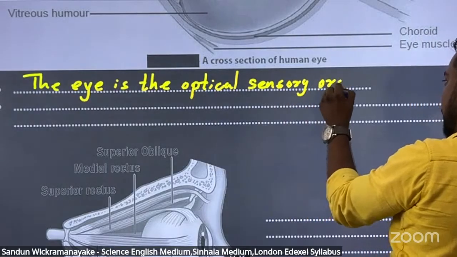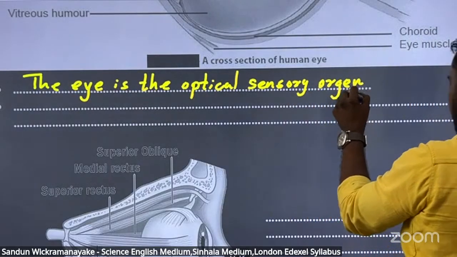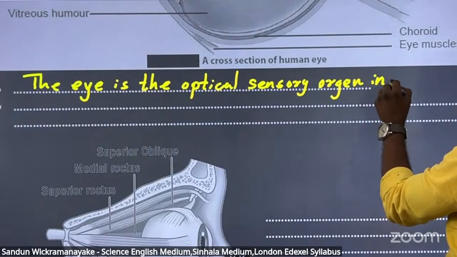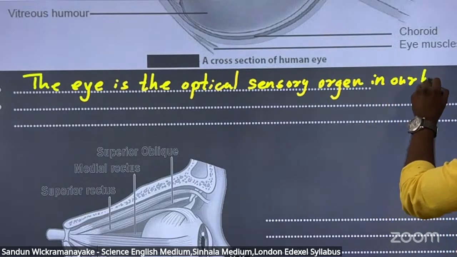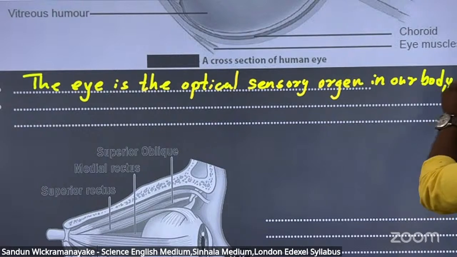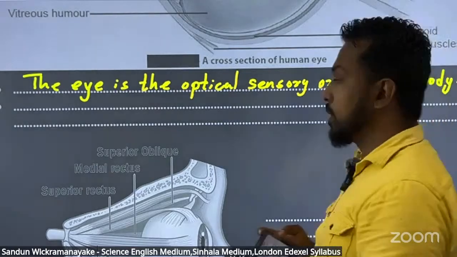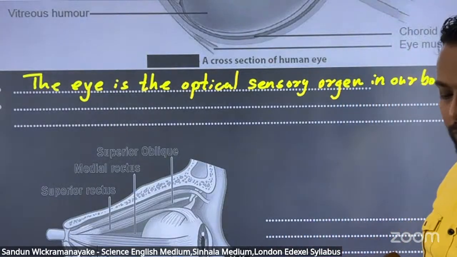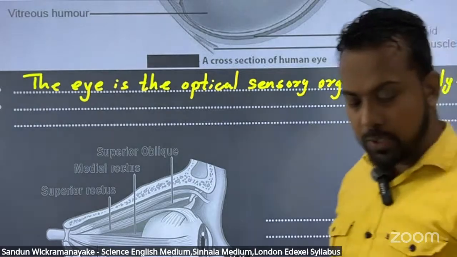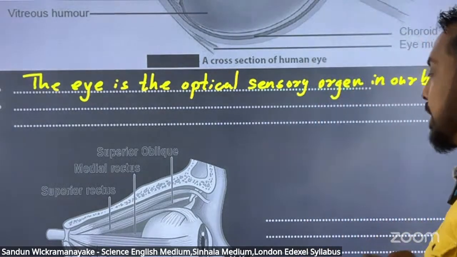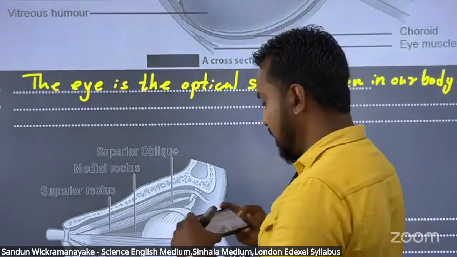Sensory organ in our body. There are five kinds of sensory organs: eyes, ears, nose, skin, and also the tongue. Right?